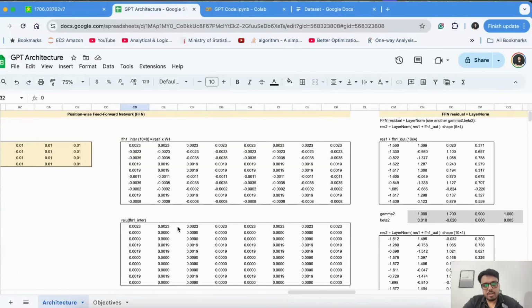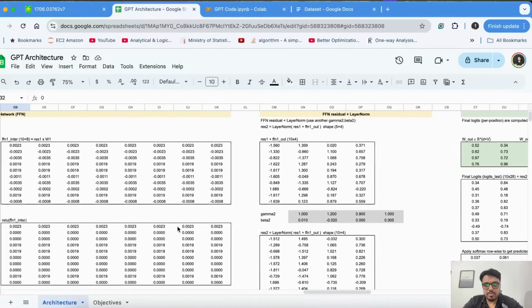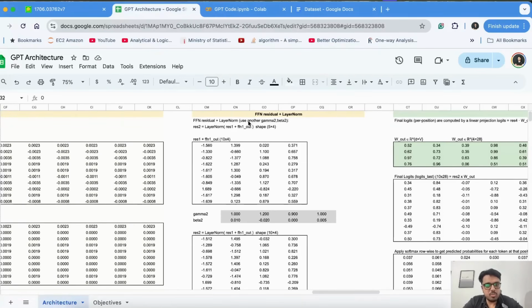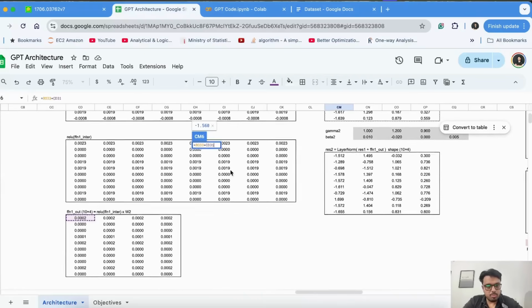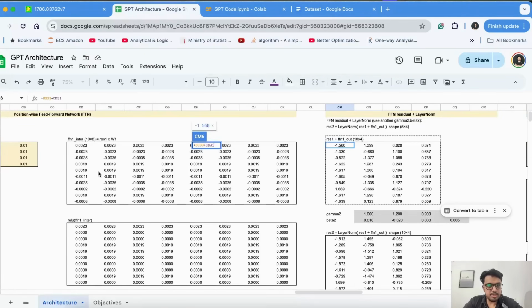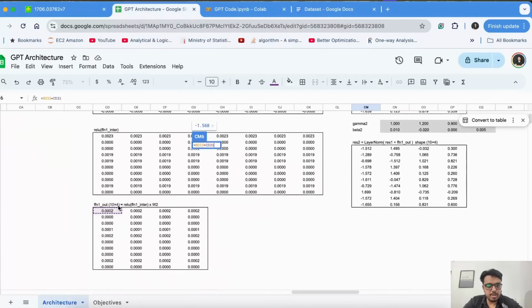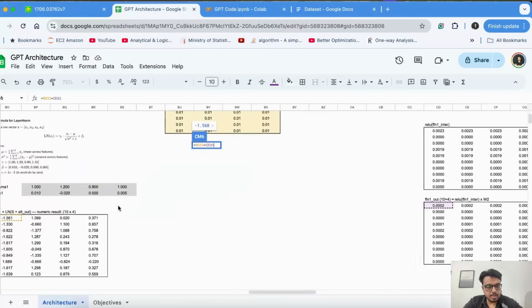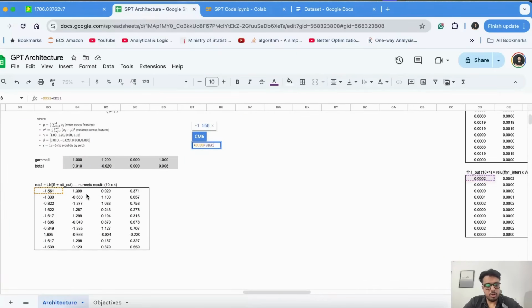Now after the feed forward network, we do another residual connection and layer normalization. What is the residual connection that we are going to do here? The output of the last layer, which is the feed forward network, plus the output of the layer prior to that.